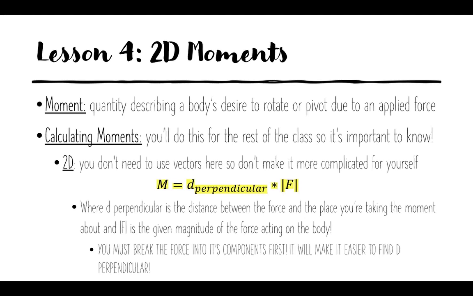Any more questions on 2D moments? If you have questions on moments in general, I would wait until I go over 3D moments, and then if I don't say something that covers it there, then ask the question.